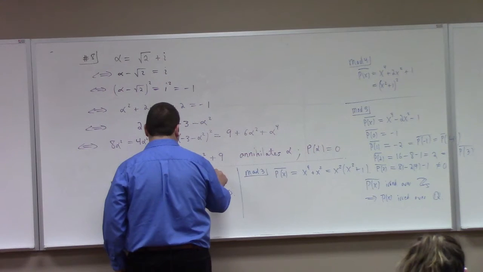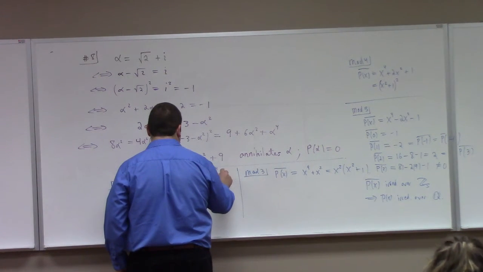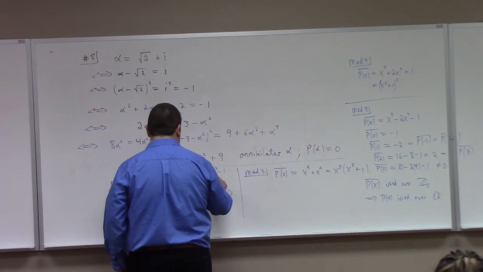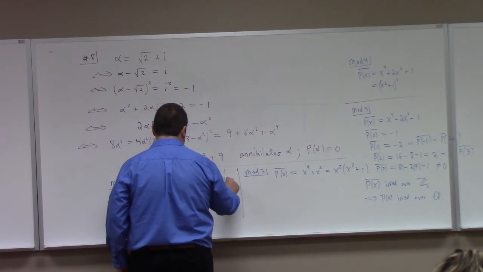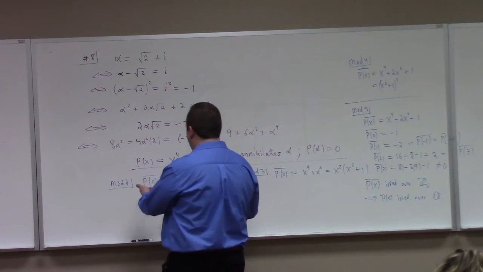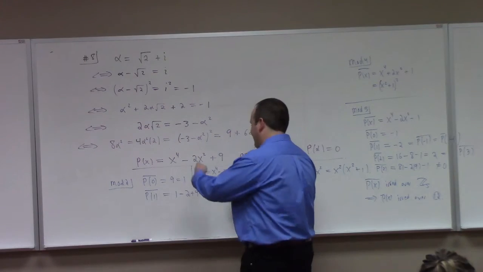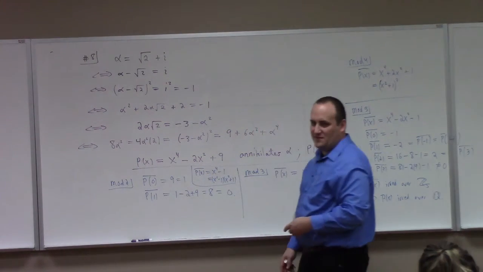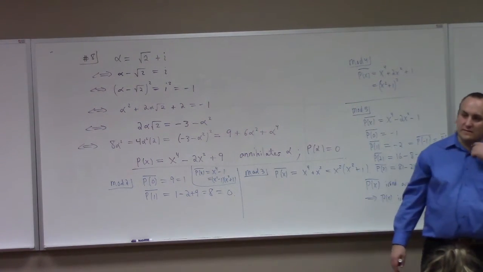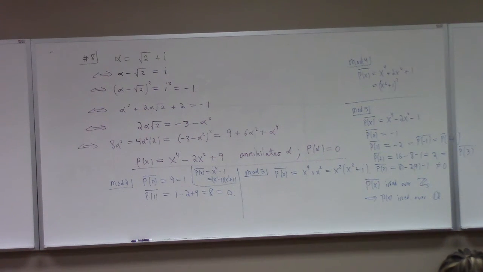P of x mod 2 was x to the 4th plus 9, but plus 9 is minus 1, which is x squared minus 1. At this point this is easier. Plugging in 0 and 1 is always easy, so the payoff isn't that big mod 2.